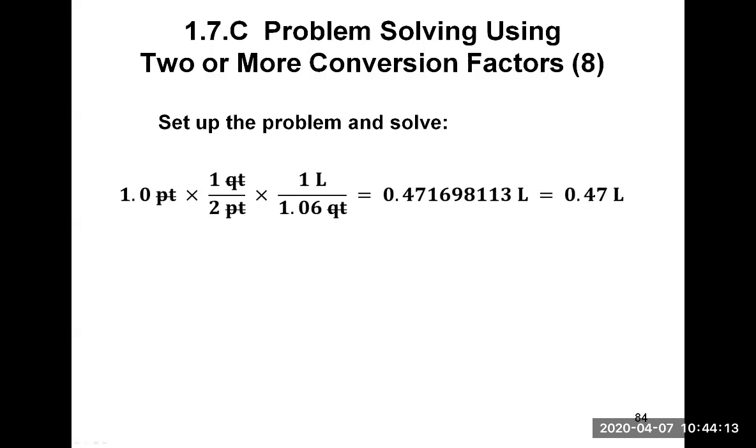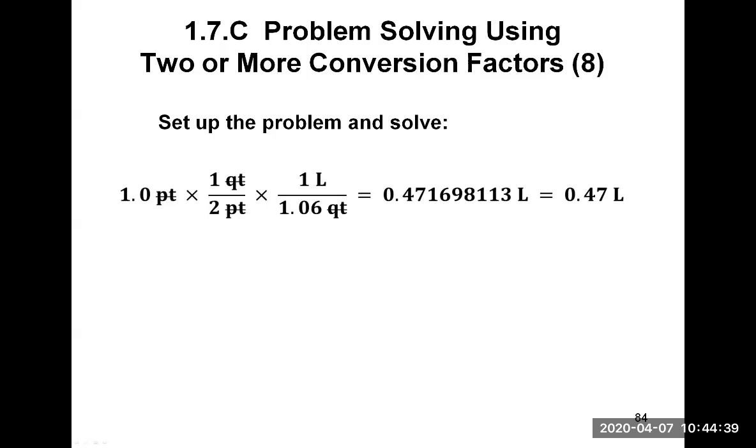So the limiting number of significant figures comes from the measurement itself, the pint, and it's 2. So we need to keep 2 sig figs. In the final answer, the 0 at the start is not significant. Then we start counting with the 4, 1 sig fig, and then 7, 2 sig figs.